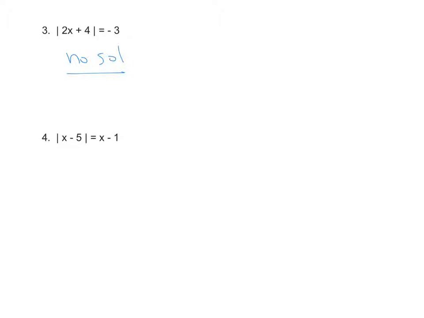Now, in this last example, I have the absolute value of x minus 5 equals an expression with x. Okay, so these sometimes turn out a little crazy, but I'm going to use the same process. The x minus 5 either equals x minus 1, whatever that is, or the x minus 5 equals the opposite of x minus 1. Okay?